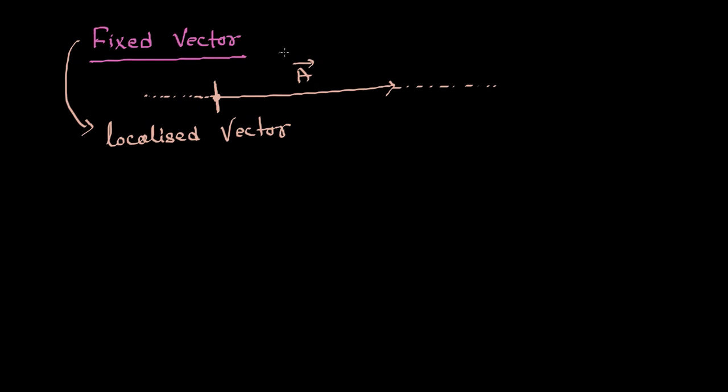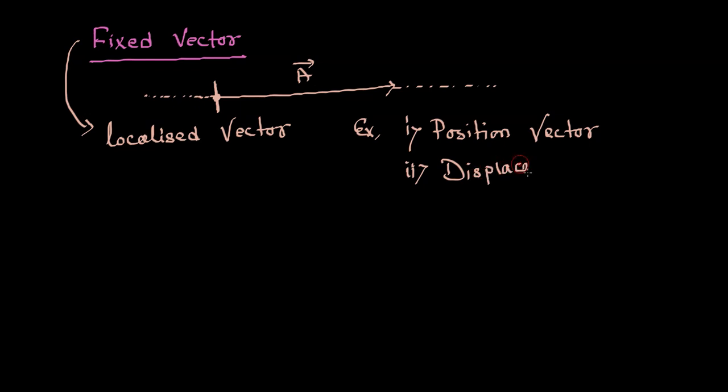What is an example of the fixed vector? The first example, number 1, position vector. And number 2, displacement vector. Right? Now we come to another type, that is called the free vector. What is this free vector?